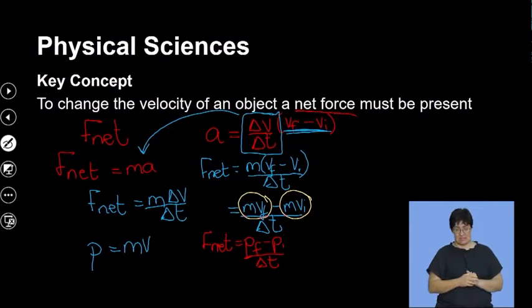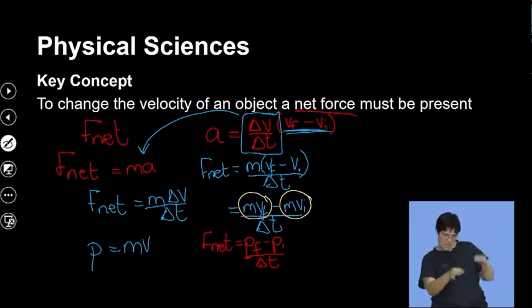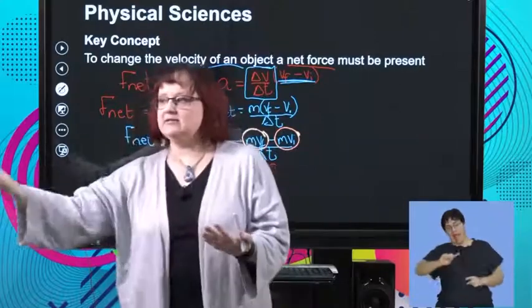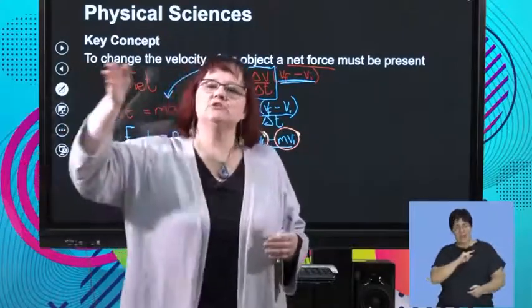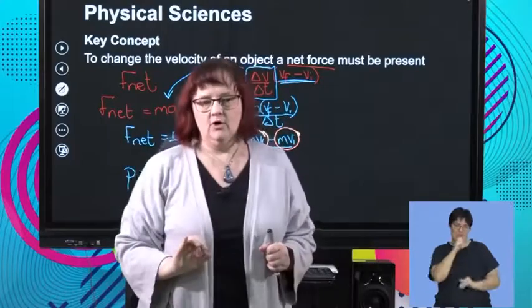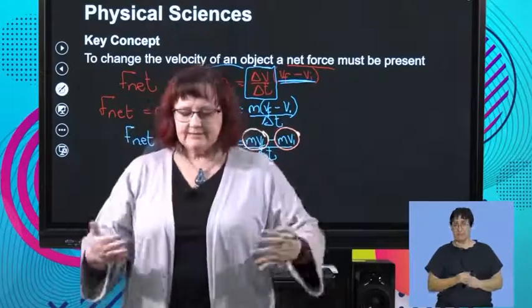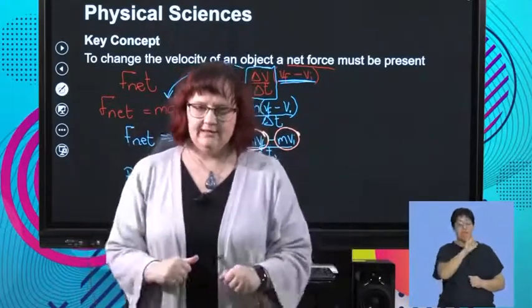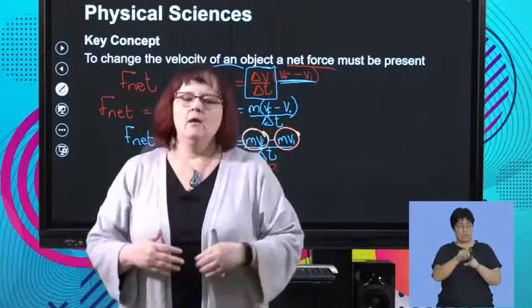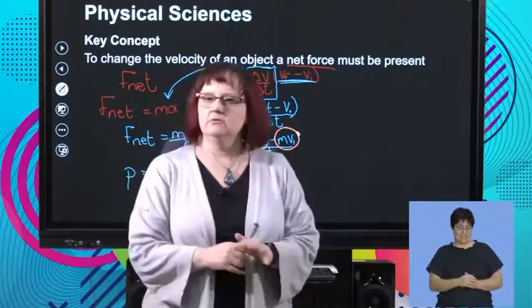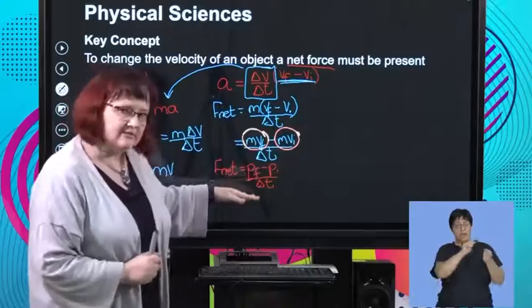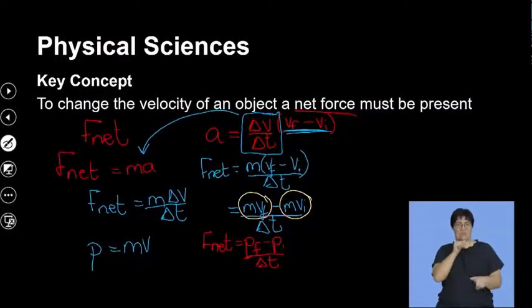We've taken an equation that you knew, and we've manipulated it to get something else that we can use in a different context. So yes, F net equals ma is useful, but sometimes this change in momentum is actually more useful. It depends on the information we're given.